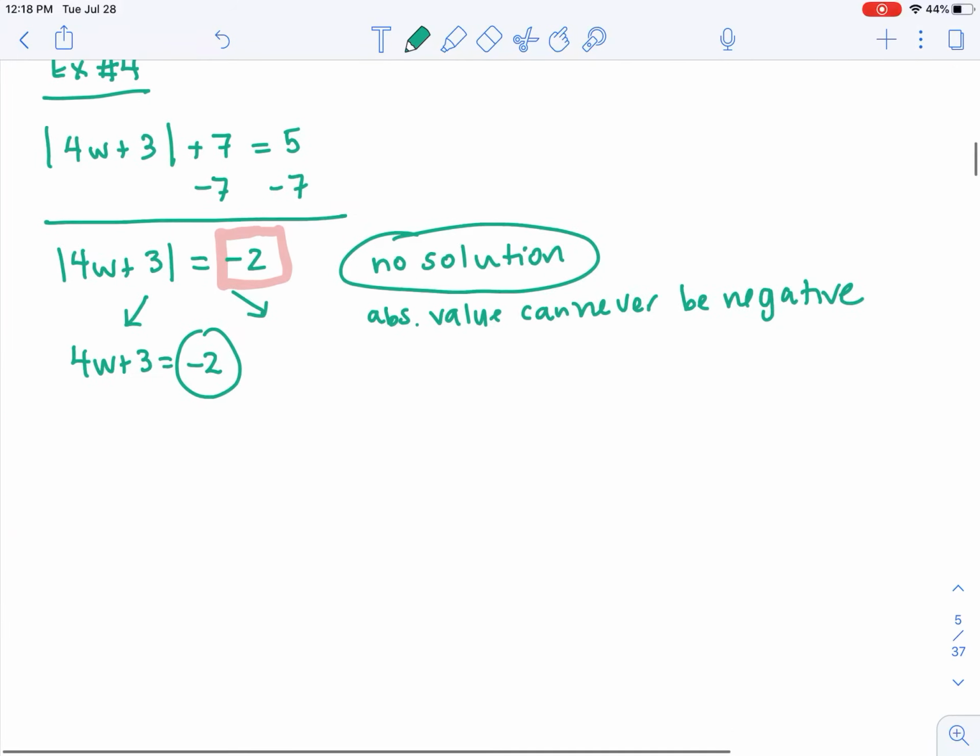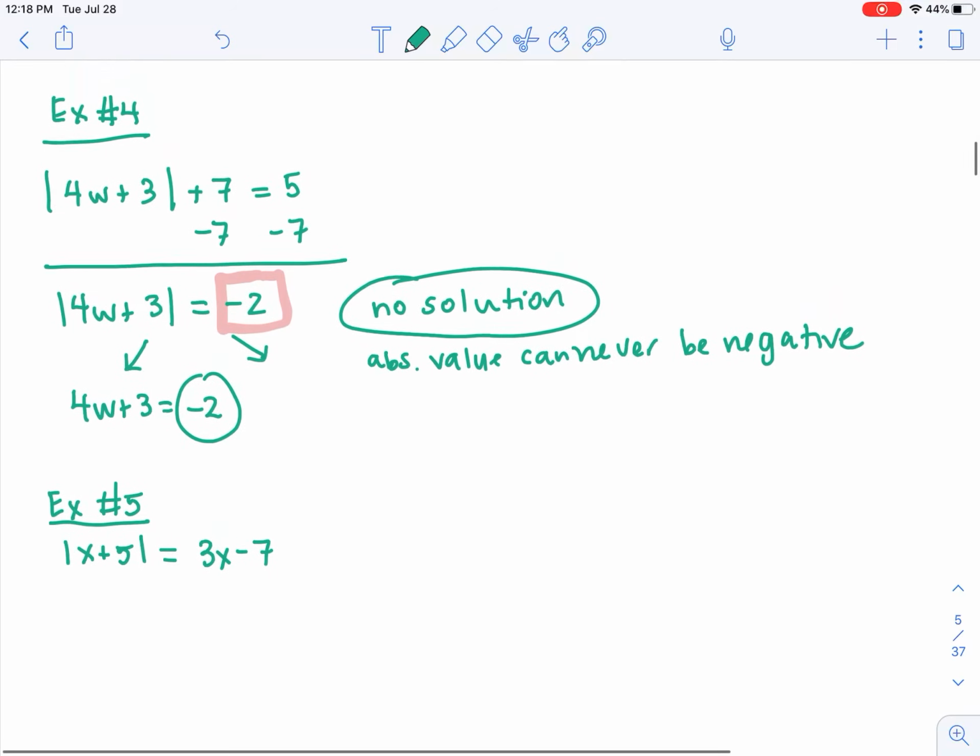So on example 5, we'll see that these absolute value expressions might be set equal to not only a constant value on the right like we've had in the above problems, but to an expression with variables in it. So absolute value of x plus 5 is equal to 3x minus 7.